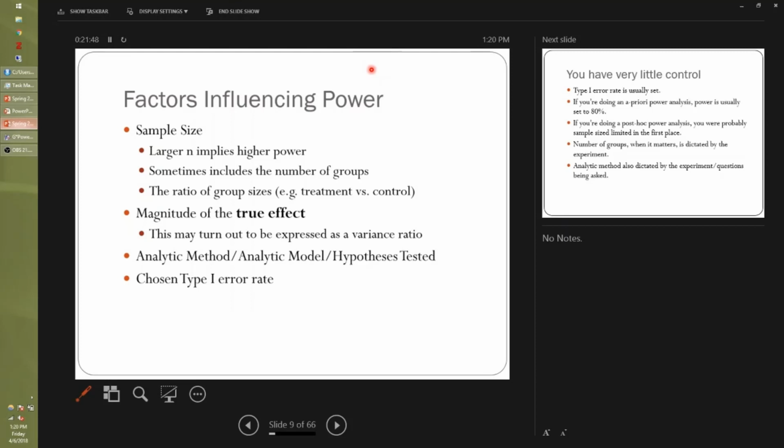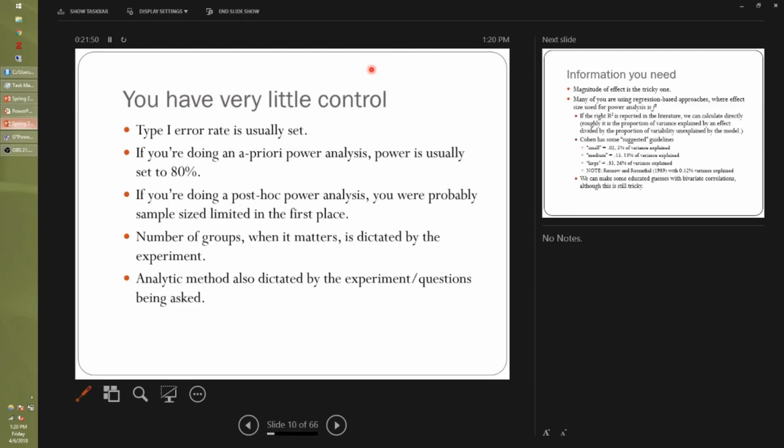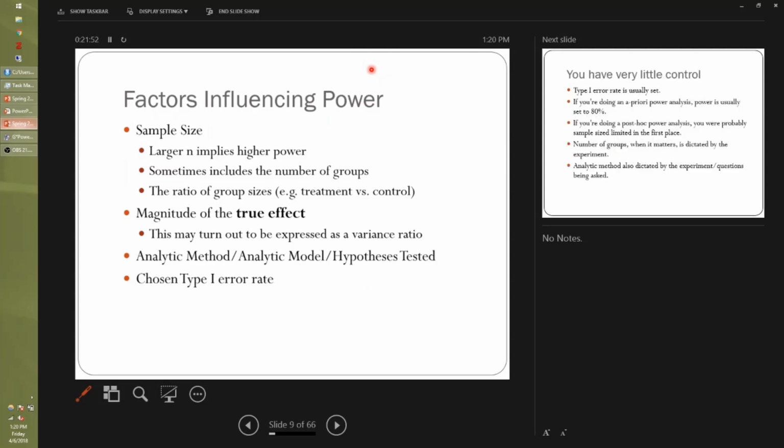So the more likely you are to make a type 1 error, the more likely you are to reject the null if the null is false. Really, the more liberal you are with your alpha, right? So if 0.1 is your cutoff, that means in general you're more likely to reject the null.